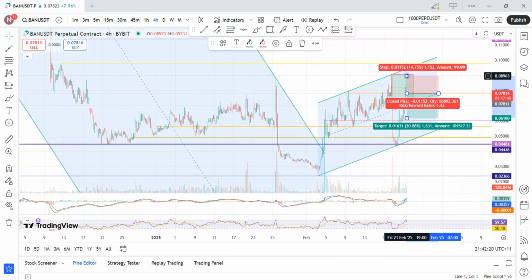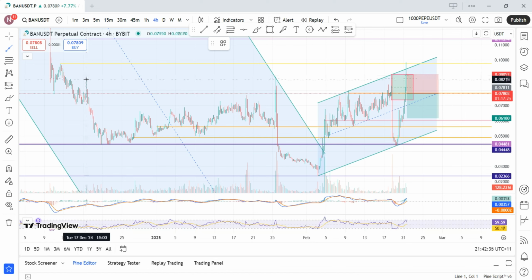I set the stop loss around here because I saw the candle wick here and here. So basically this is like similar level. Let me draw it to show you. Let's put it slightly above.